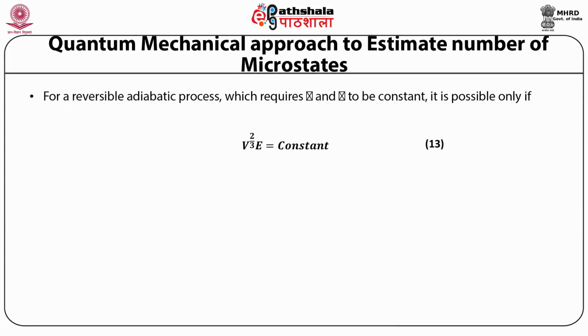For a reversible adiabatic process, which requires entropy and number of particles to be constant, it is possible only if V raised to power 2/3 multiplied by E is equal to constant.